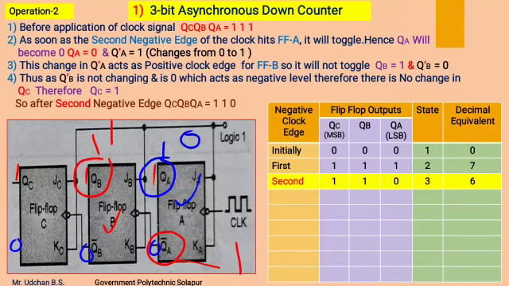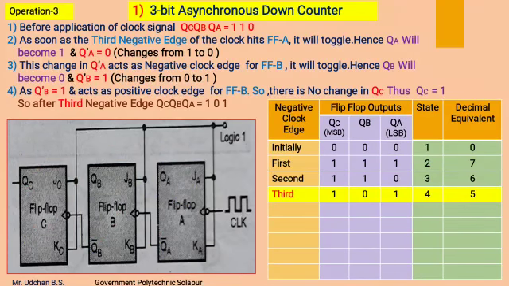So this 1 will remain a 1, by which this 0 will remain a 0, which is connected as a clock input to flip-flop C. Flip-flop C receives the 0, which is a negative level, therefore it will not get toggled, and this 1 will remain as it is. So after the second negative edge, we get the output as 1 1 0. Its state number is 3 and its decimal equivalent is 6.